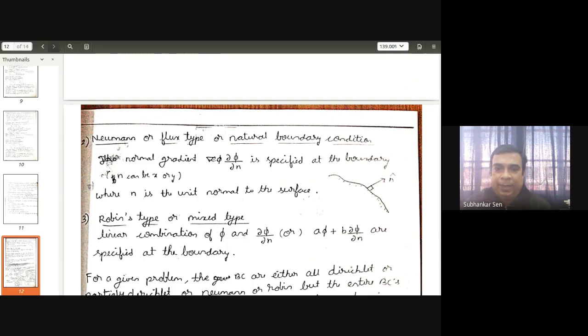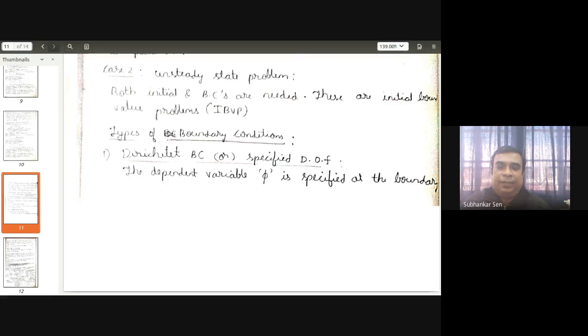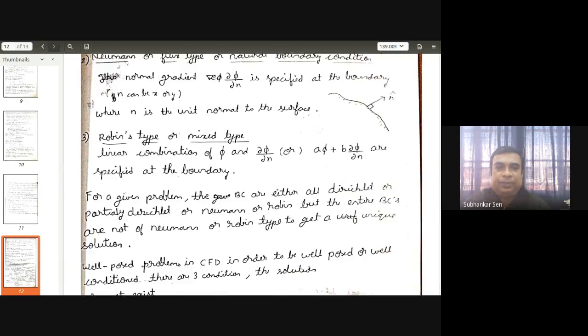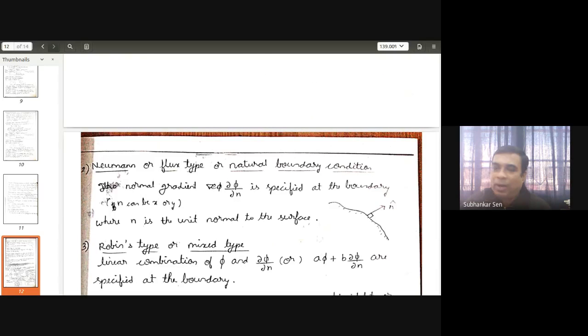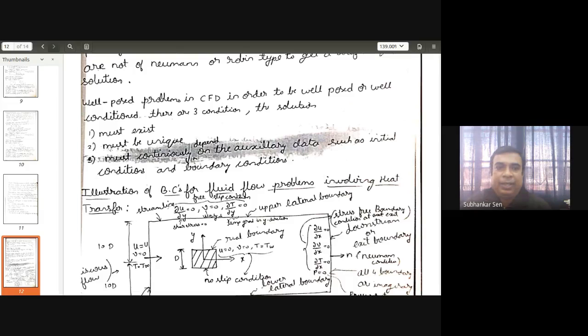In finite element language, we say that this is the natural boundary condition. In the finite element approach, the Dirichlet boundary condition is known as the essential boundary condition. If we combine the essential and the natural boundary condition, we get the Robin type or the third type of boundary condition. So these three boundary conditions are required in CFD problems along with the initial conditions.